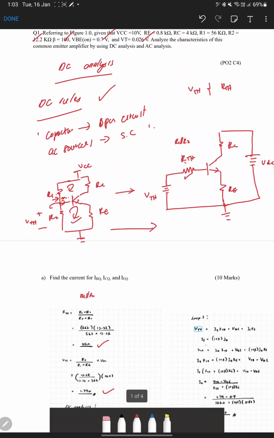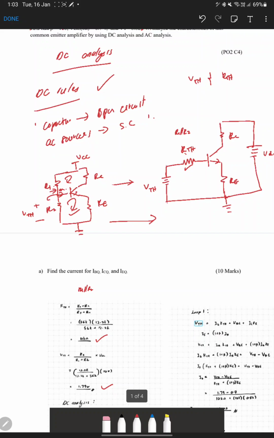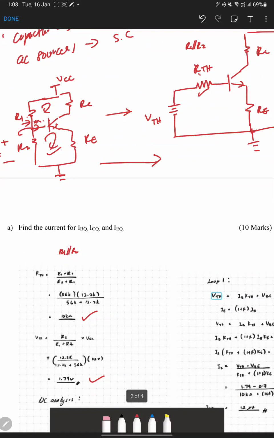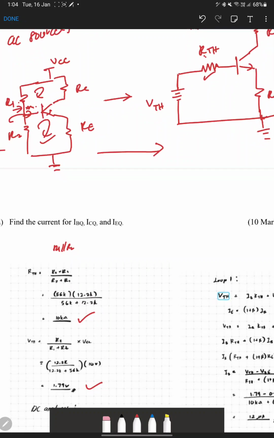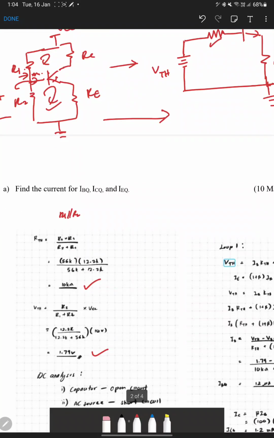So let's calculate. The formula for RTH is R1 parallel R2, that is R2 times R1 divided by R2 plus R1. Then we compute and get RTH equal to 10 kilo ohms.